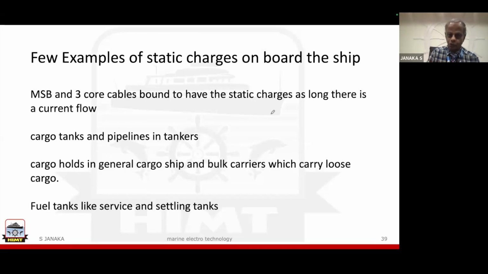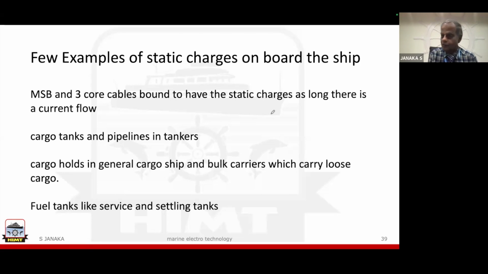As I told you, the 3-core cables won't have static charges as long as there is a current flow. Cargo tanks and pipelines in tankers where the flow of liquid is taking place, there is mechanical friction between the liquid and the metal part, so there will be static charges. Cargo holds in a general cargo ship and bulk carriers where they carry loose cargo, or while loading and discharging the cargo using the grabs, etc., it may have static charges produced.